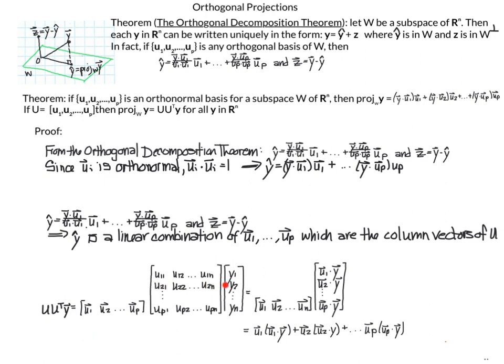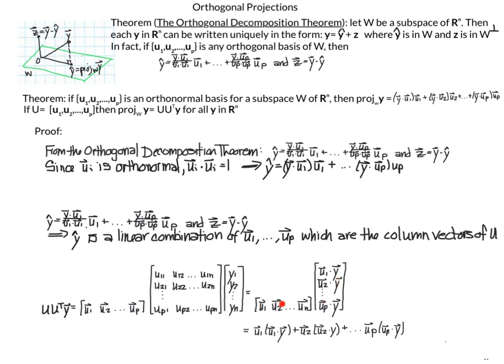Here's my U2 written transposed and my UP transposed. Here's my vector Y. So U transpose times Y is equal to U1 dotted with Y, U2 dotted with Y, up to UP dotted with Y.